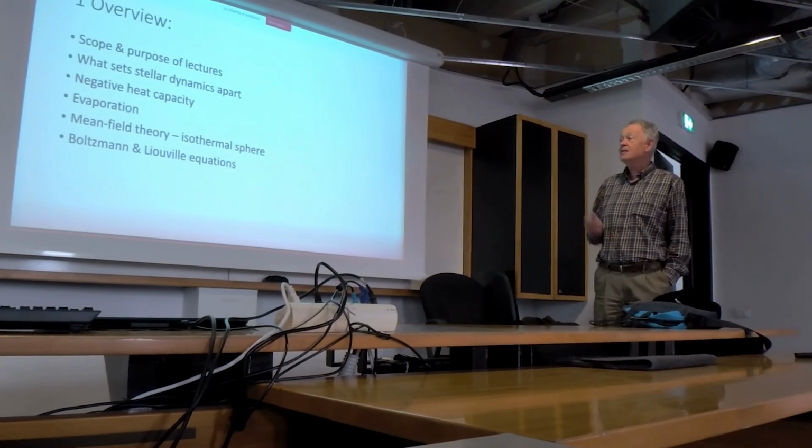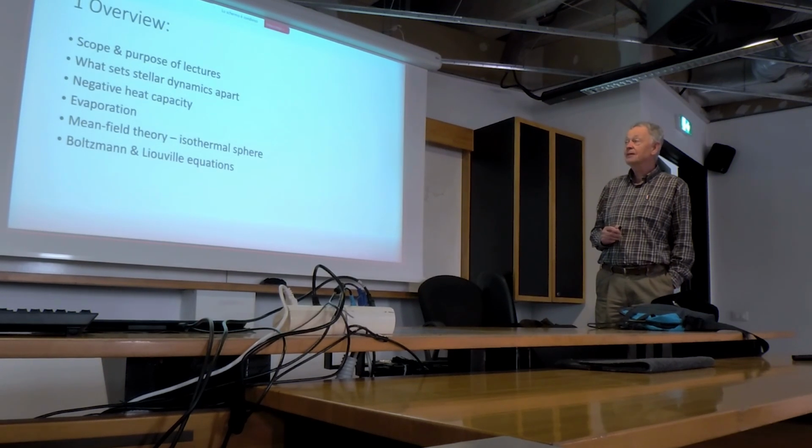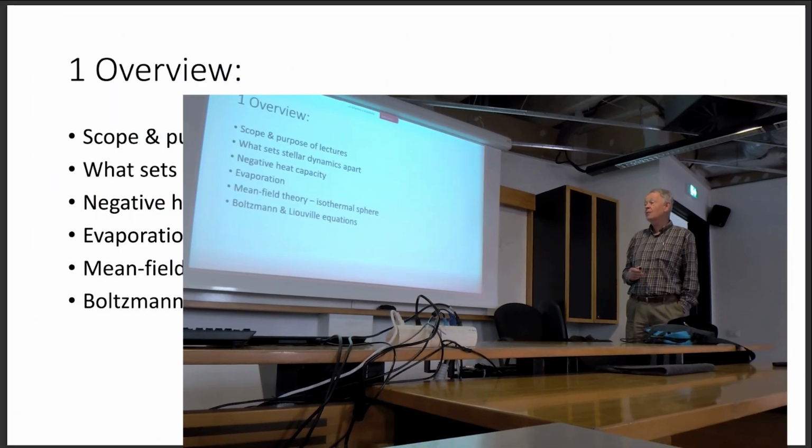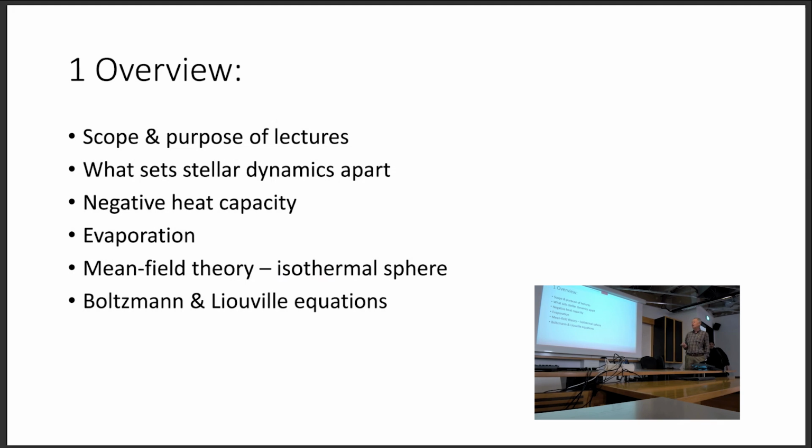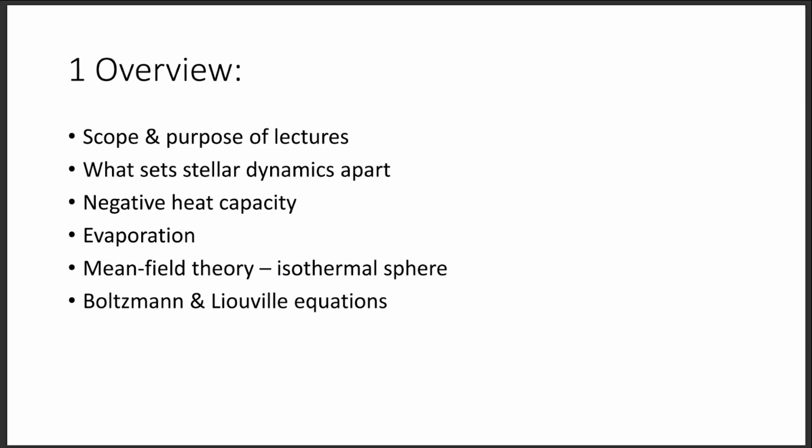So today, this is my agenda of what I hope to cover. Maybe we'll cover more, I don't know, but let's see. First of all, the scope of the lectures and what I'm trying to do. Something about what makes stellar dynamics its own particular branch of physics, rather different from other branches.